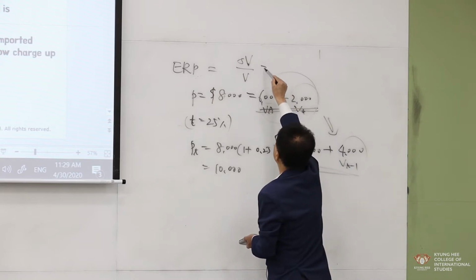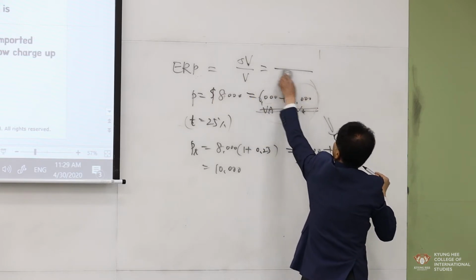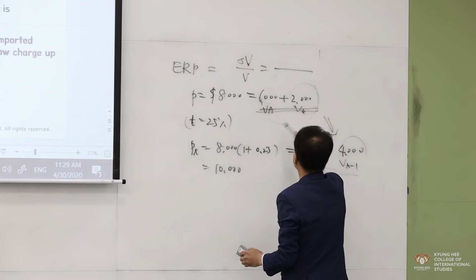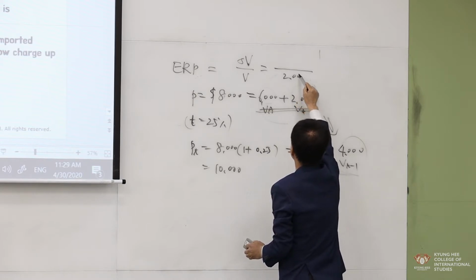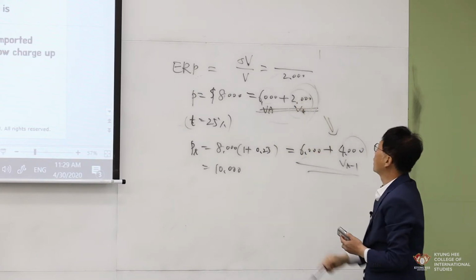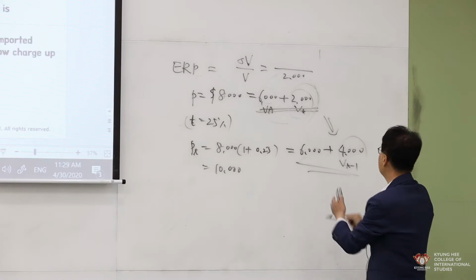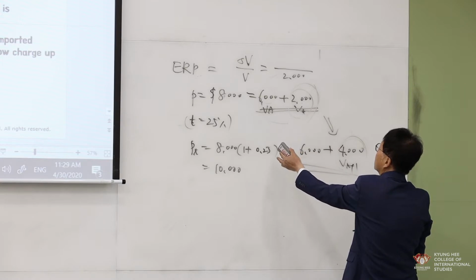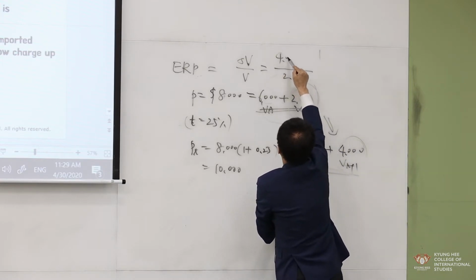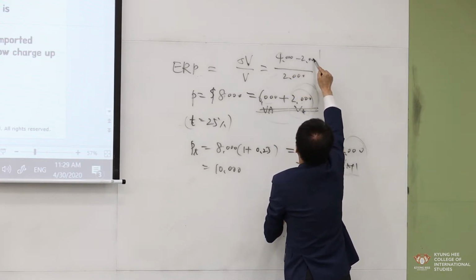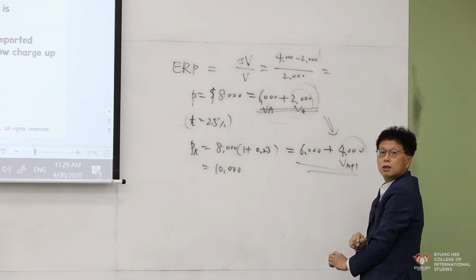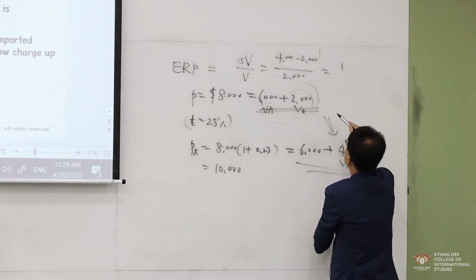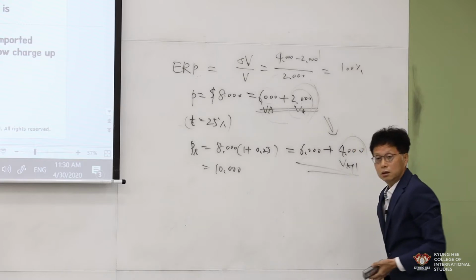Original value is $2,000. Change in value is VT plus 1 minus VT, that is $4,000 minus $2,000. Then that is 1, or 100%.